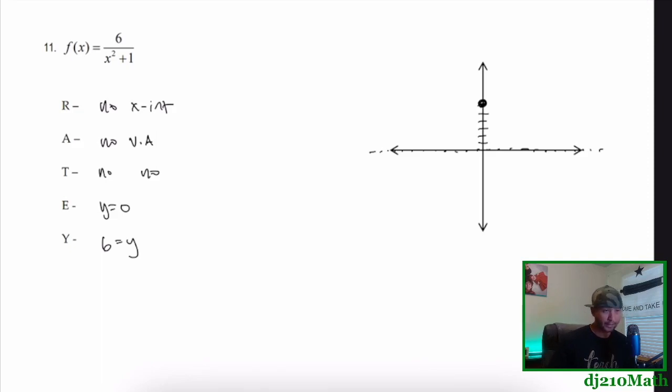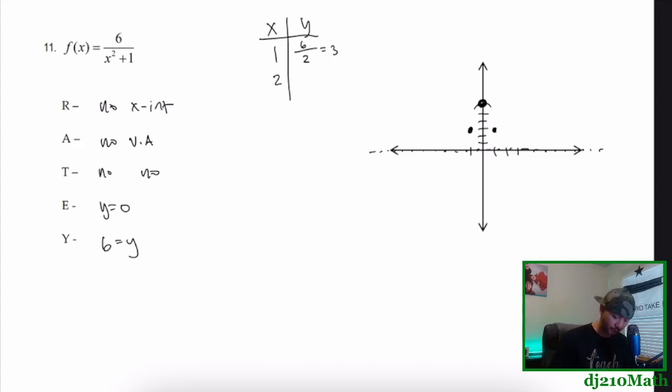Okay, so if you want to get an accurate location of the little mound, so if I let x equal 1 and negative 1, well, it's symmetrical. So if I let x equal 1, 6 over 2, which is basically 3. So when x is 1, y is 3. How about 2?